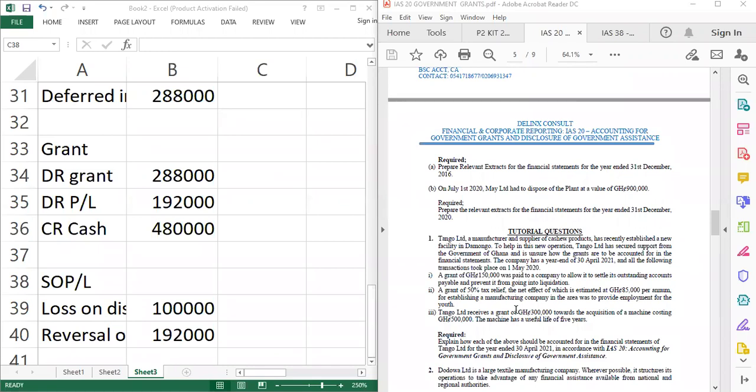So we have done the first entry already, which is debit cash and credit grants. Let me do that one by one.